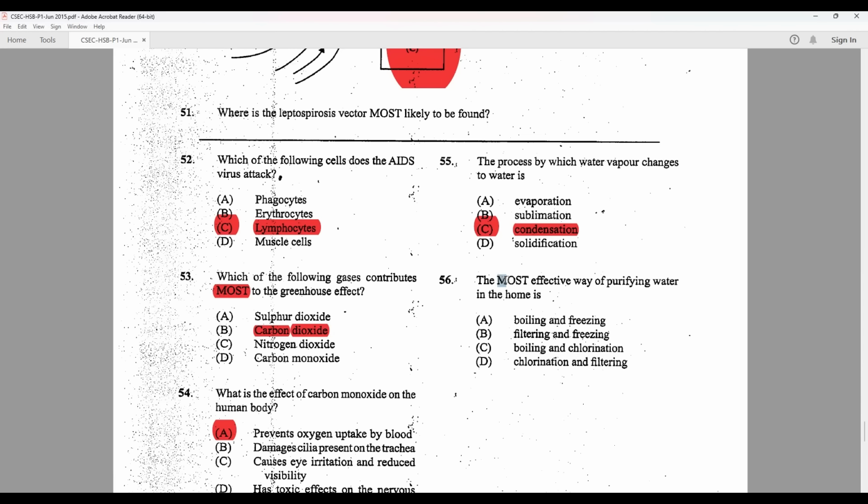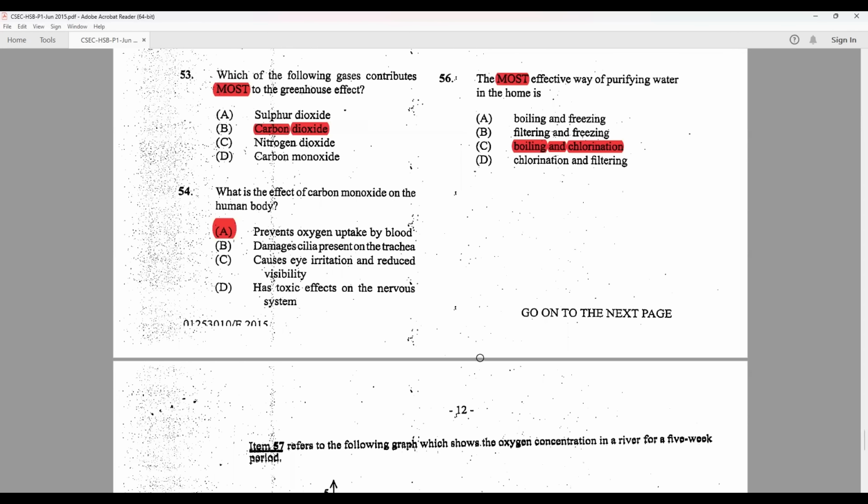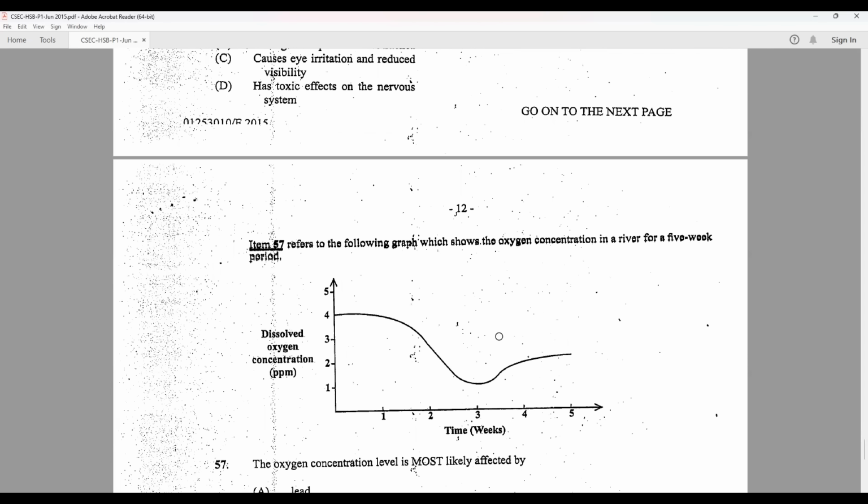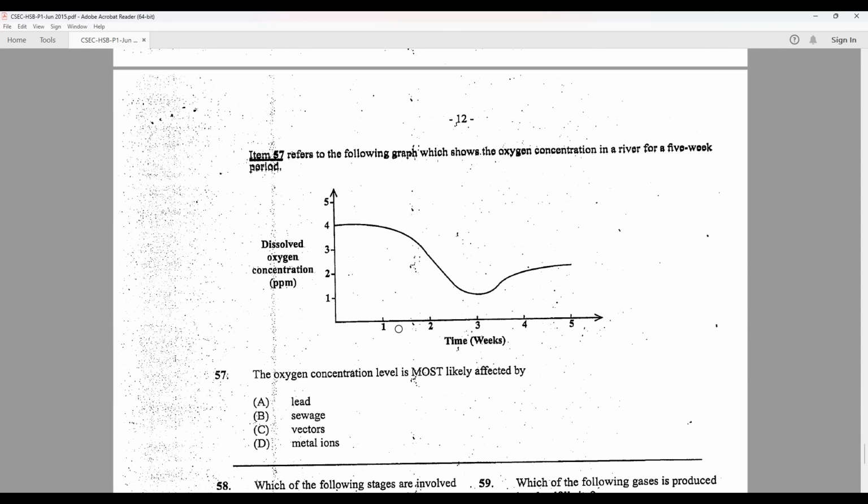Remember, the capital letters for the word most jump out at us. So we are looking at C, boiling and chlorination.